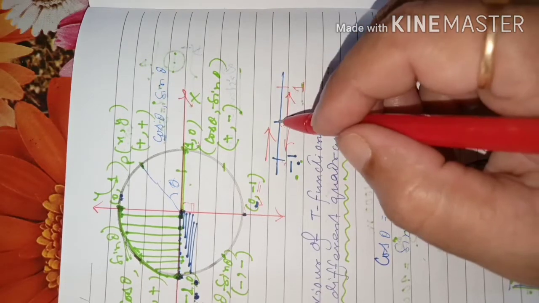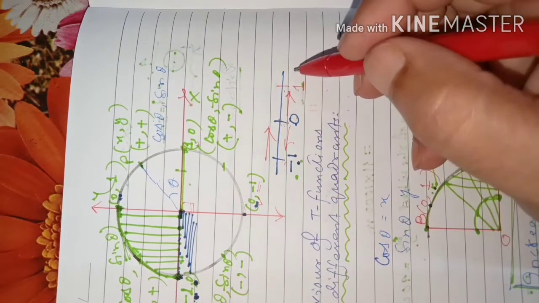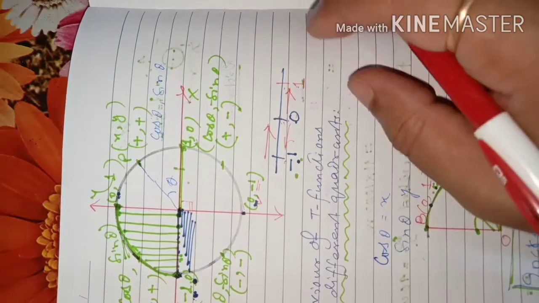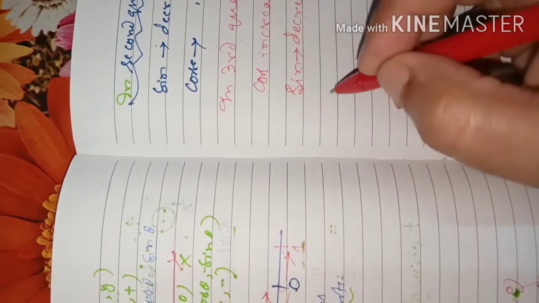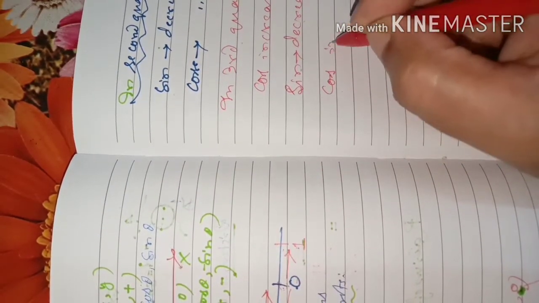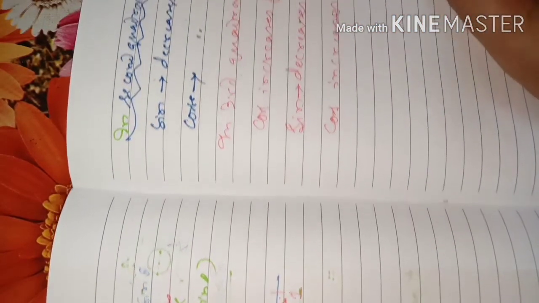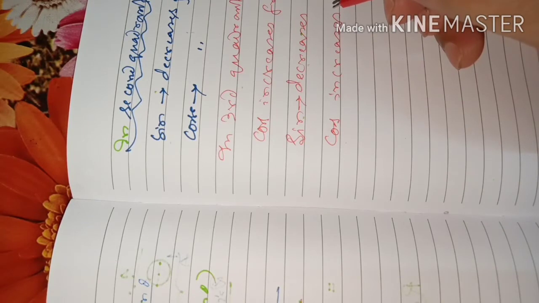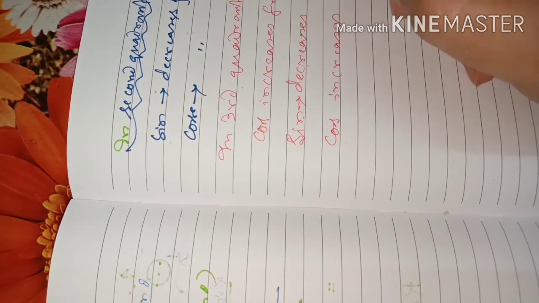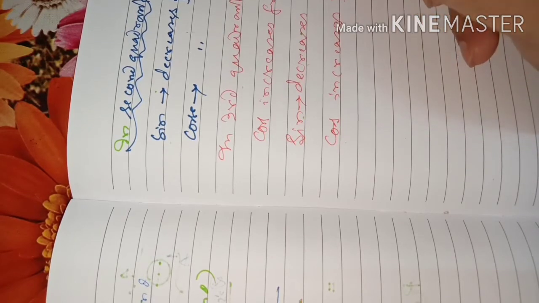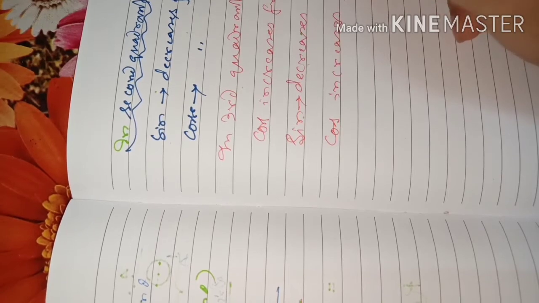Movement of a point from left to right is increase, so cos increases again from 0 to 1.